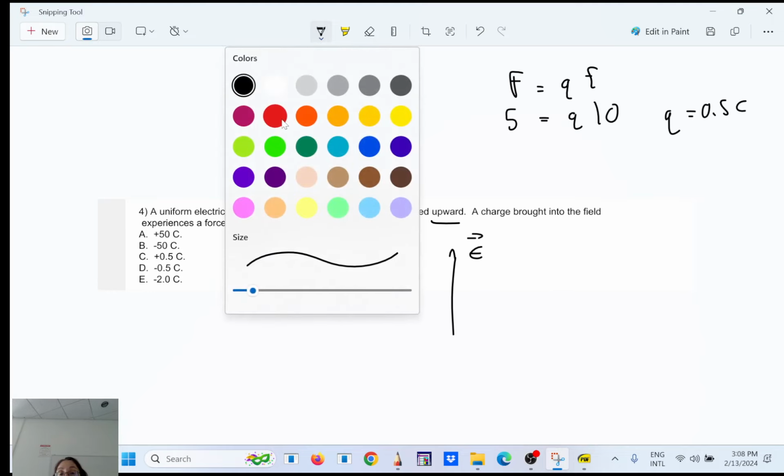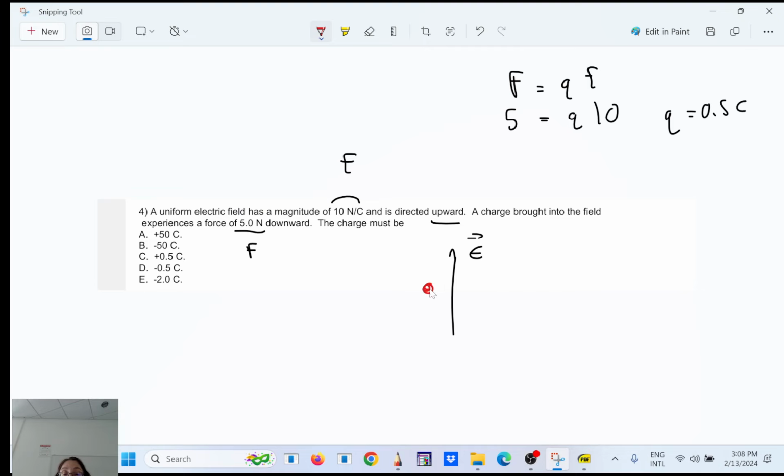And it says that the charge here will be acted on by a force which way, up or down? Down. So that means the charge is negative or positive? Which one wants to go against the electric field because they have such a negative mind? Negative.